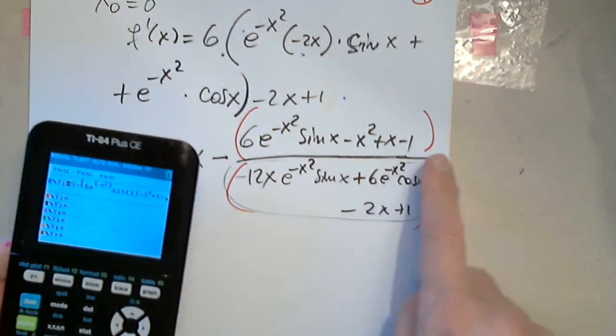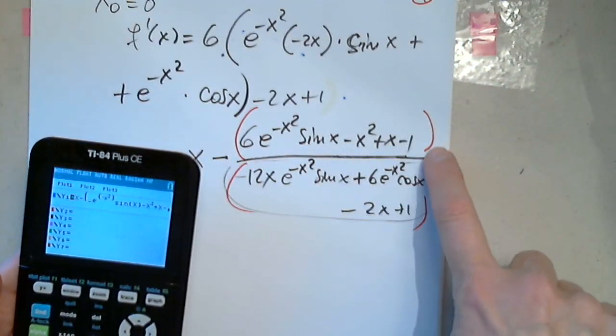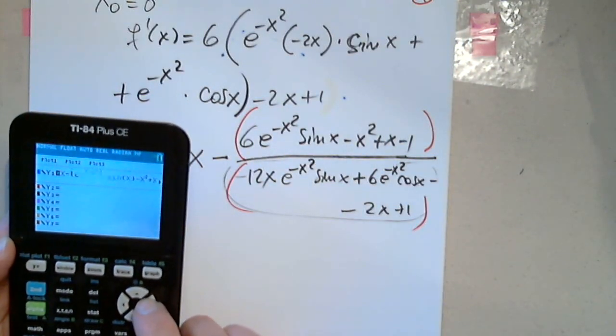So I already have the numerator. I put the parentheses. I need to finish with the other parenthesis.